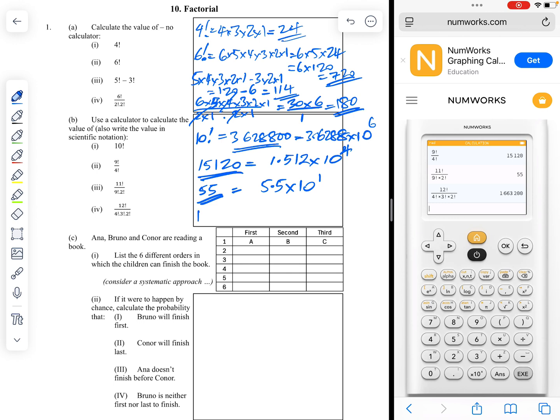So we have 1,663,200 into the millions again, and then that's going to become 1.6632 times 10 to the power 1, 2, 3, 4, 5, 6. So we have times 10 to the power 6.